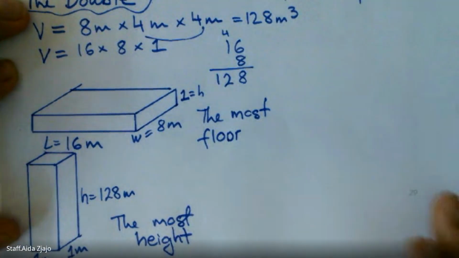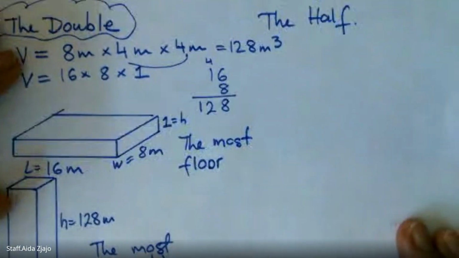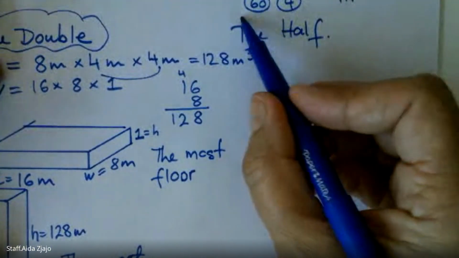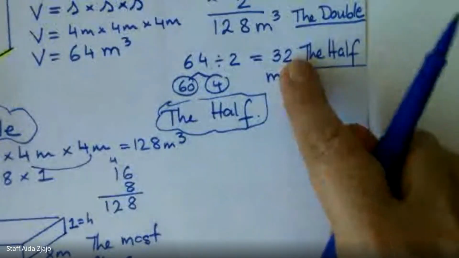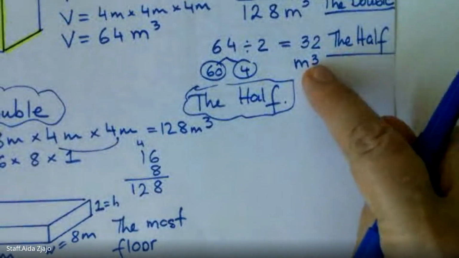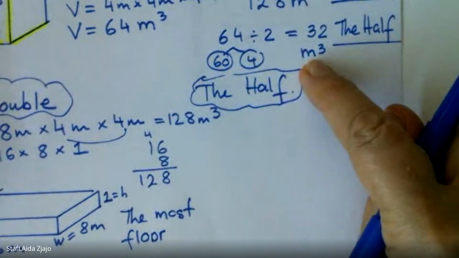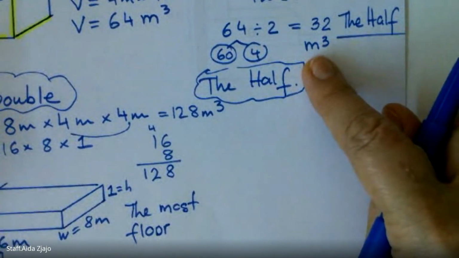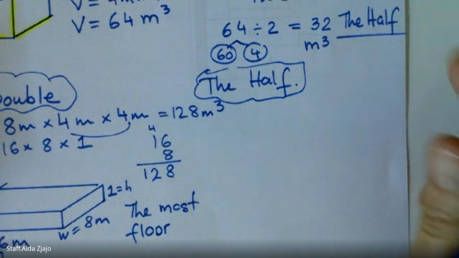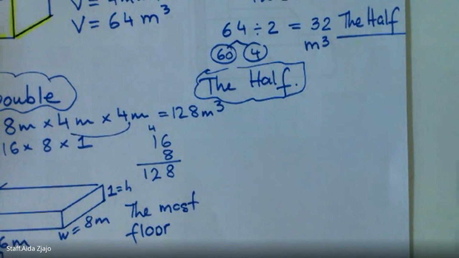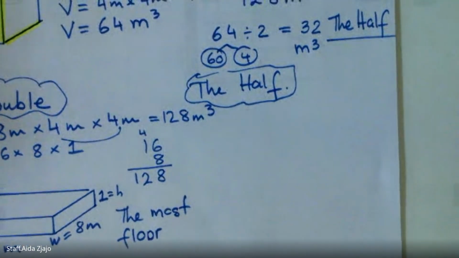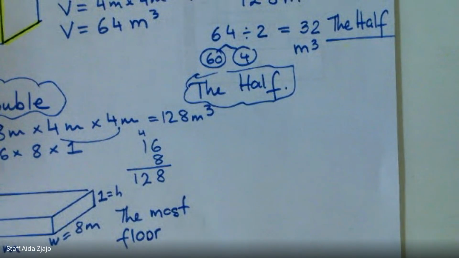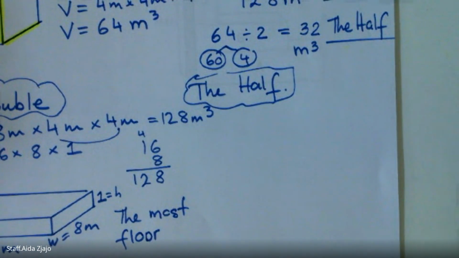All right, the most height for the double. If you think about half, the half was 32 cubic meters. So when you think about to multiply, 32, 4 times 8 is 32 if you look at it that way.